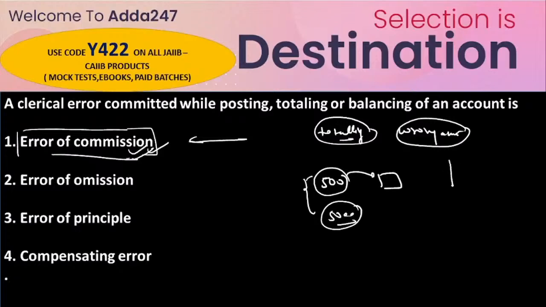And suppose you entered an amount in the wrong person's account, that is also an error of commission. So the answer here would be the error of commission. A clerical error committed while posting, totaling or balancing of an account is known as an error of commission.